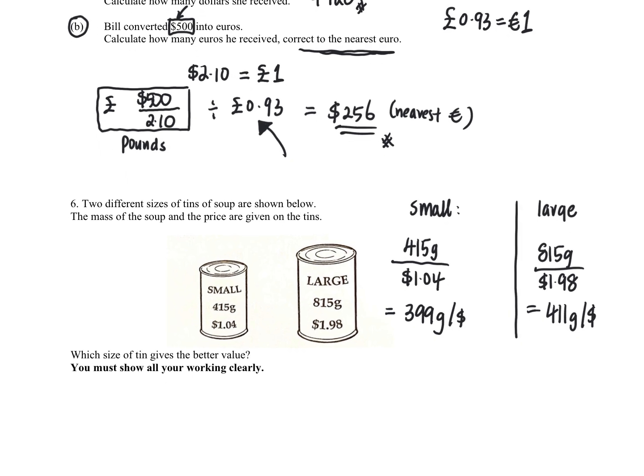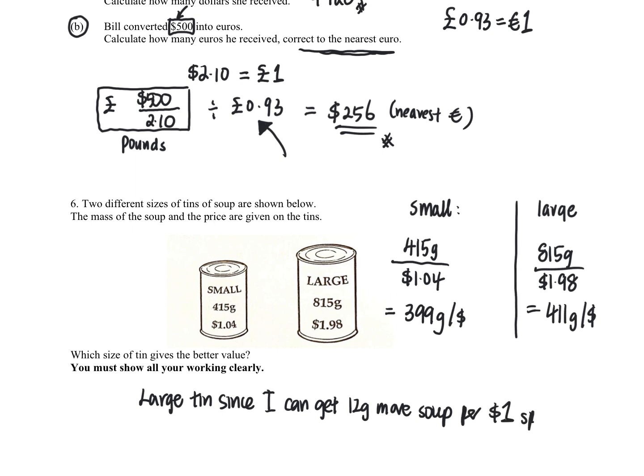So which one is of better value? The large one, right? The large tin. Since I can get 12 grams more soup per $1 spent. So that's why it's of a better value.